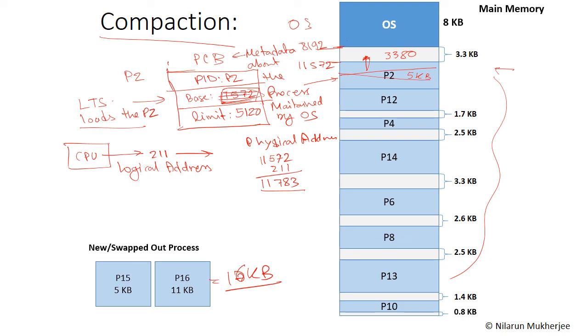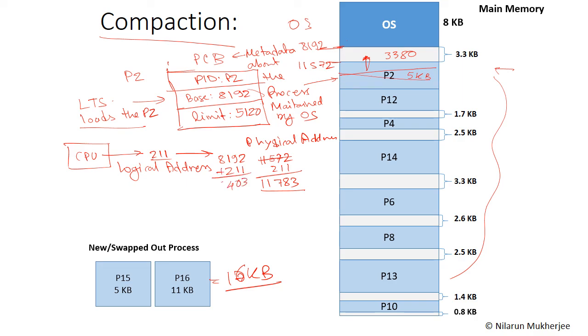So the way out is, when the OS shifts P2, it will remove this address and write 8192 here.